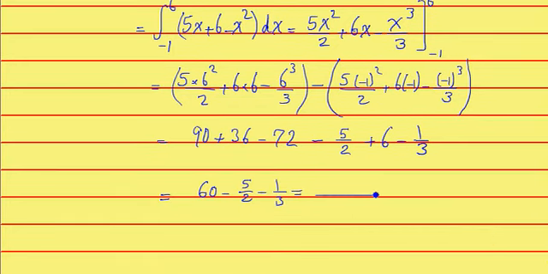If you want to take a common denominator now, or if you want to simplify these fractions, it's a matter of style. 360 minus, I believe, minus 15 minus 2 makes 346, and that is 57 and 1/6.